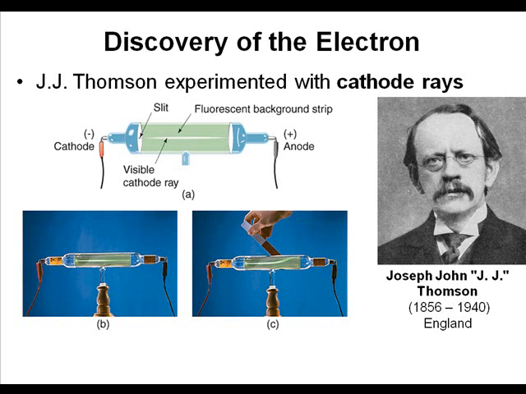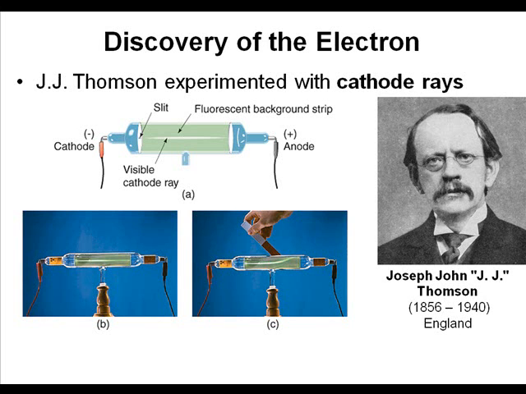And what he observed was when he put a magnet next to the cathode ray, that this beam would bend. And if a magnetic field can bend the beam, that meant that that beam was made of charged particles.